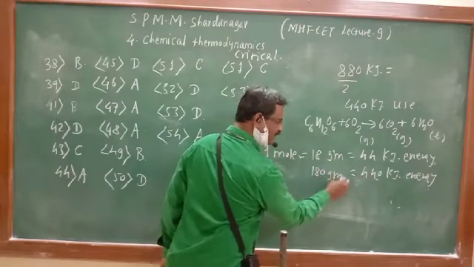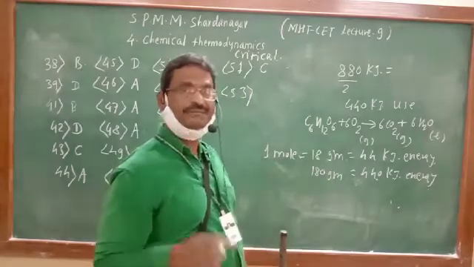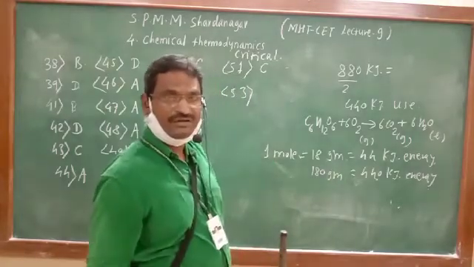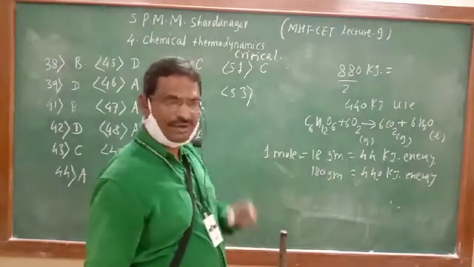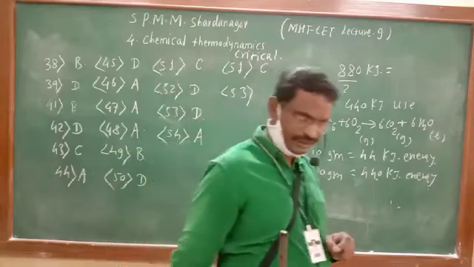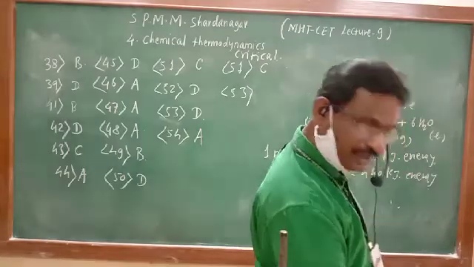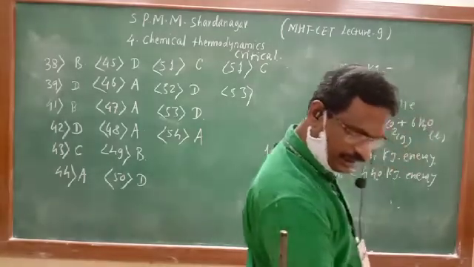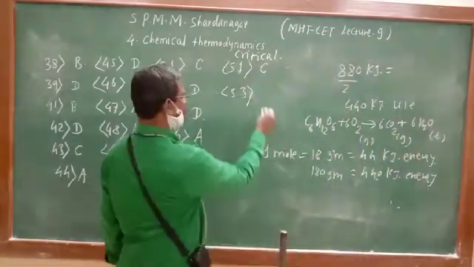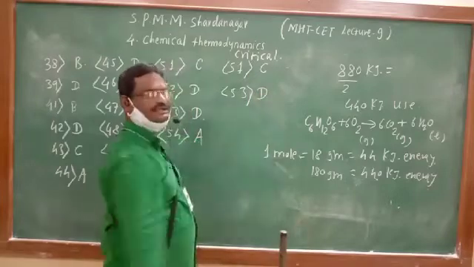Means 180 gram of water he must perspire for that running competition event. They have given options 18 gram, 1.8 gram, 1800 gram and 180 gram. So the last option D is correct.